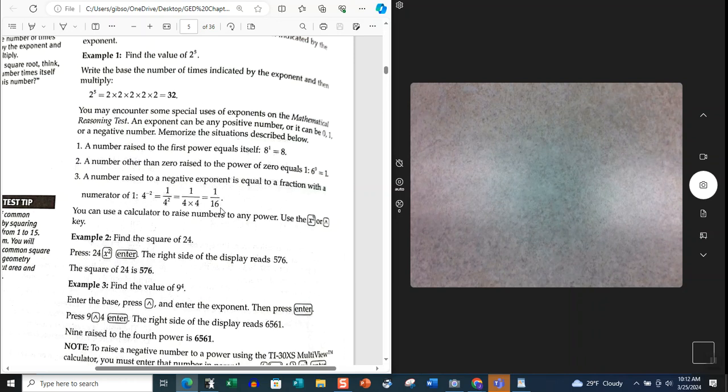You can use a calculator to raise numbers to any power. Use the x squared or the up arrow key. Example 2, find the square of 24. So you have 24, x squared, then enter. Let me pull up the calculator.